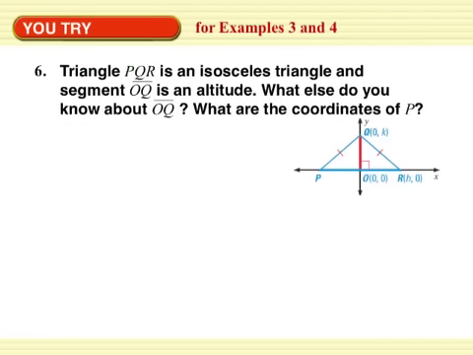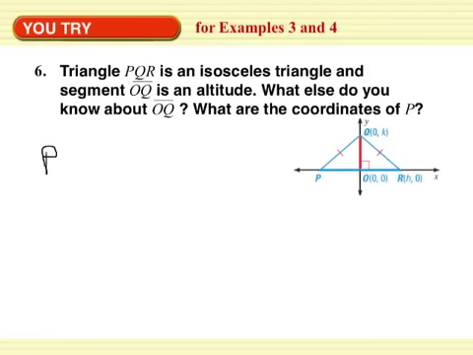Last you try. Triangle PQR is an isosceles triangle, and segment OQ is an altitude. What else do you know about OQ? What are the coordinates of P? Okay, the coordinates of P, why don't we do that one first? See if you can do it. Did you get it yet?